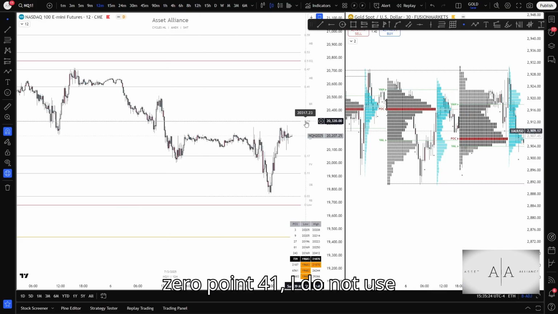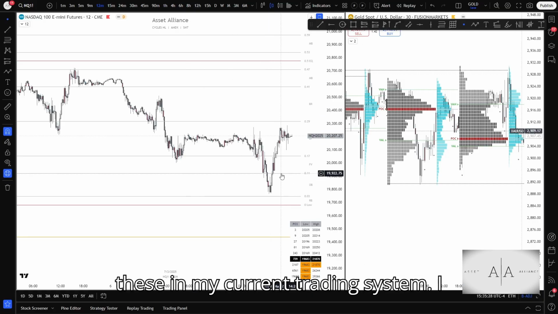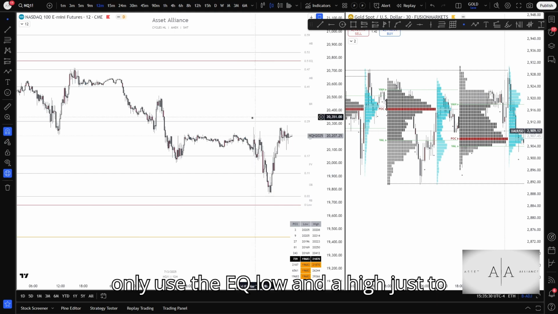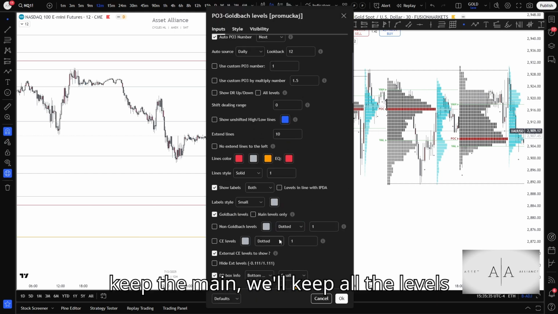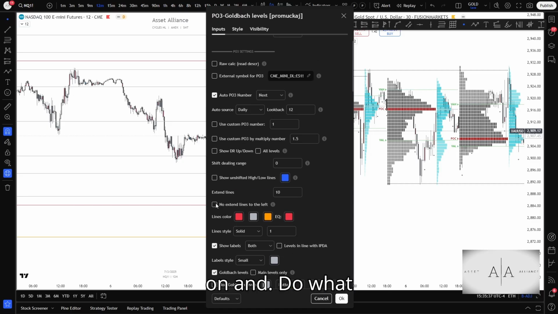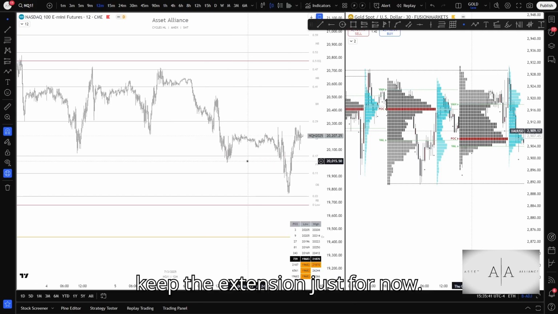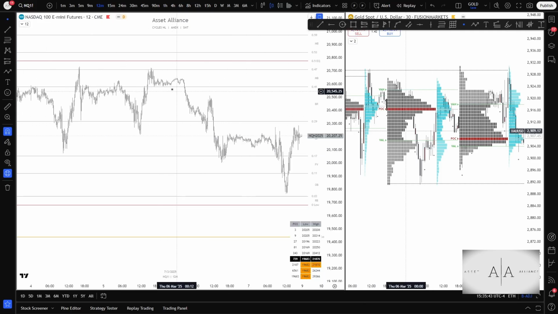So these 0.29, 0.41, I do not use these in my current trading system. I only use the EQ, low, and high just to have an idea of where I am. Now we'll keep all the levels on, and we could do no extend lines, but I'll keep the extension just for now.